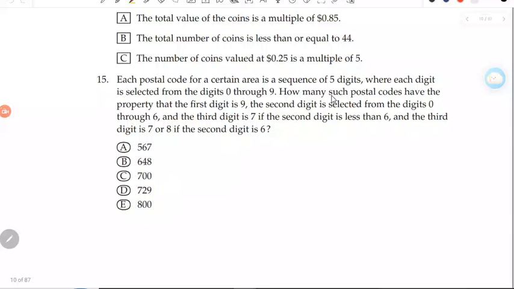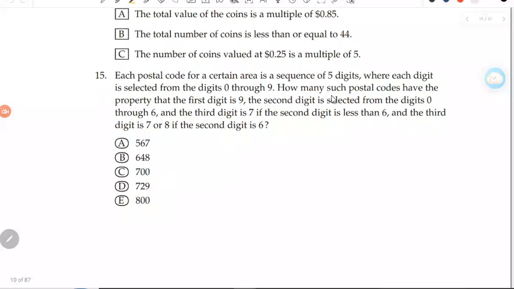If the second digit is less than 6 and the third digit is 7, you see, the challenge with this type of question is how long it will take to make sense of it, right?